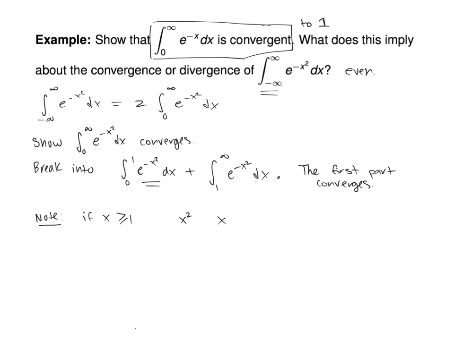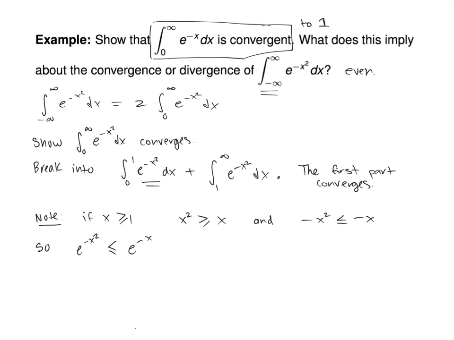Who's bigger? Yep. And then negative x squared is less than or equal to negative x, right? Because you multiply by a negative 1, the inequality flips, yes? Okay. So then e to the negative x squared is less than or equal to e to the negative x, right?